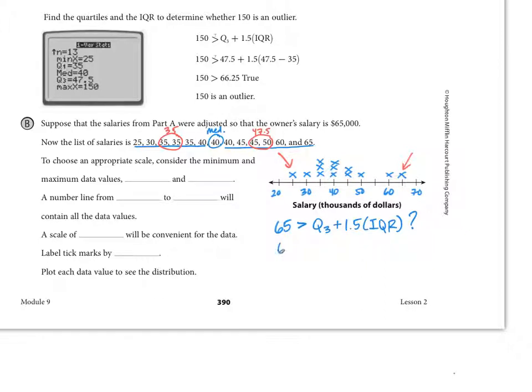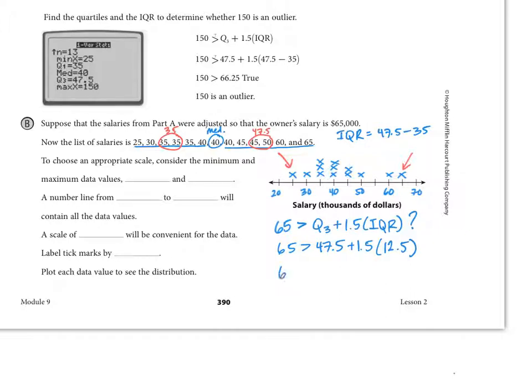Okay, so I'm going to plug in these numbers. I got 65. I want to know, is that greater than 47.5 plus 1.5 times the IQR? I didn't even find the IQR yet. IQR is 47.5 minus 35, right? Q3 minus Q1. So that gives me 12.5. Give me a few seconds here, I'm going to calculate this.